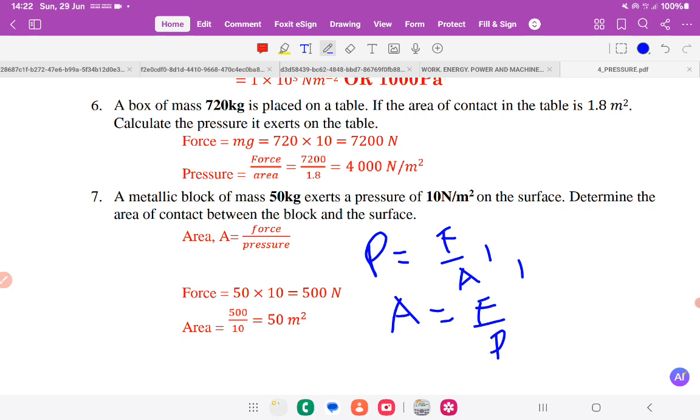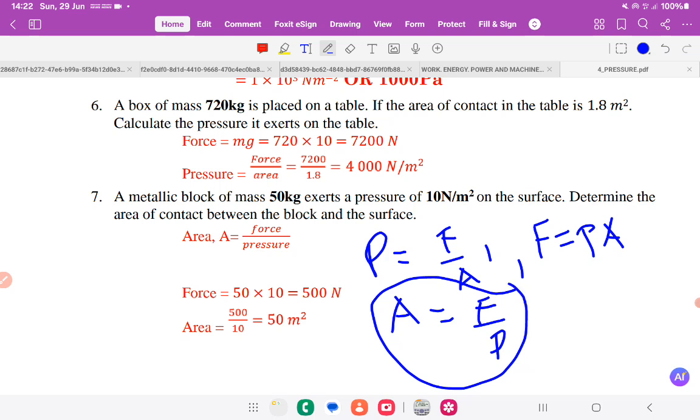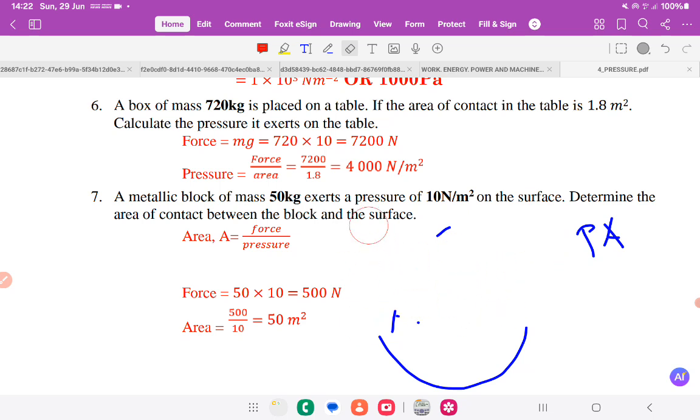It also follows that force is equal to pressure multiplied by area, in case you are asked to calculate any of these. So using the formula, area of contact is equal to force divided by pressure.